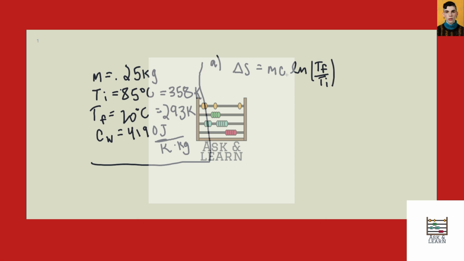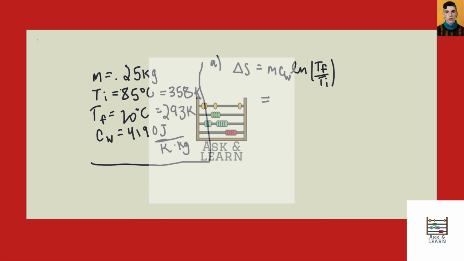And if you go ahead and plug in all these numbers, 0.25 times 4190 times the log of T final over T initial, not forgetting to convert to kelvins from Celsius, which is a mistake that I've made in the past. Then for this delta S, let me just double check my answer.